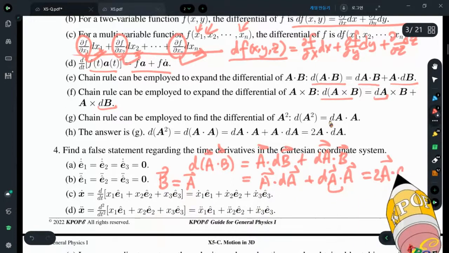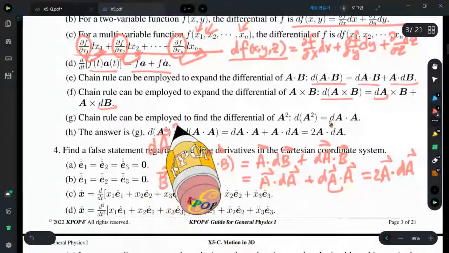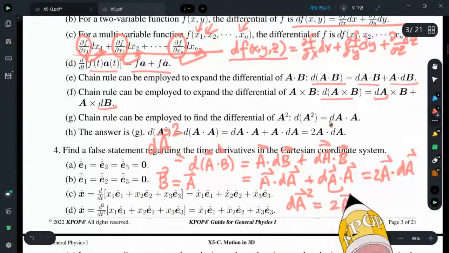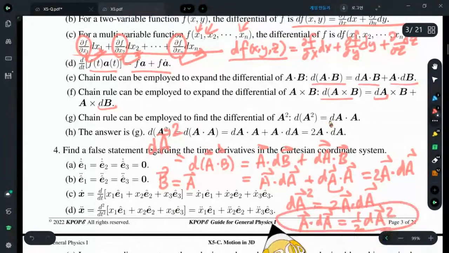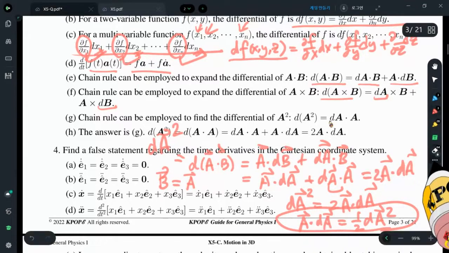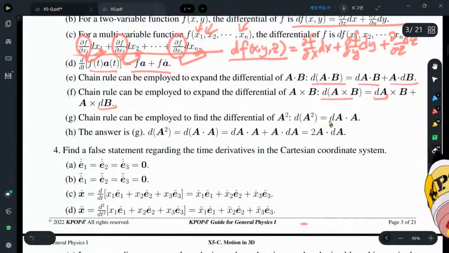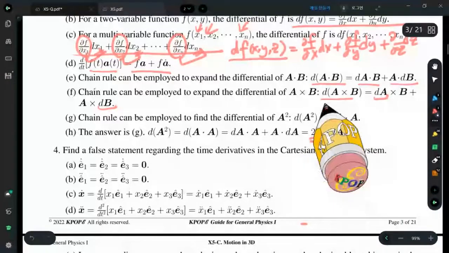It is 2A·dA. So d(A vector squared) equals 2 times A·dA. That means A·dA equals 1/2 d(A squared). It is very important. We will use this more than 100 times. Very useful identity. This is wrong, the vector 2 is missing.